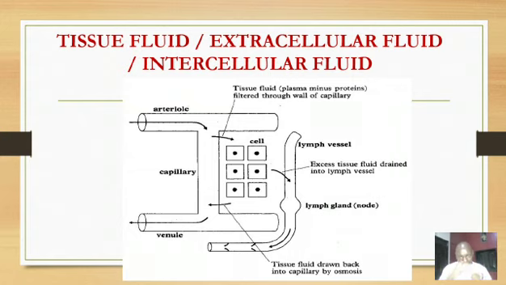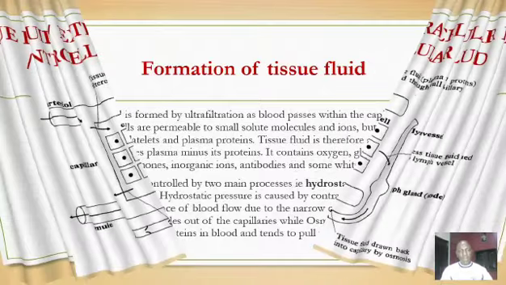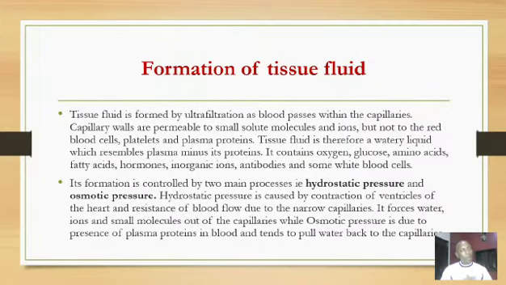Meaning there is also that part in the middle, in between the arterial end and the venule end. Now, after noting that we have those two pressures, how do they interact? This now brings us to the actual formation of tissue fluid.